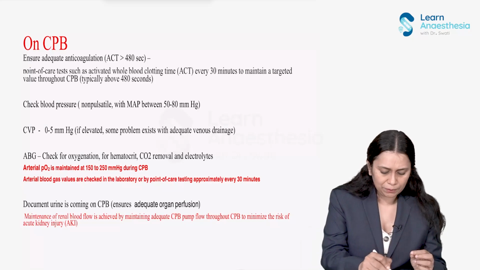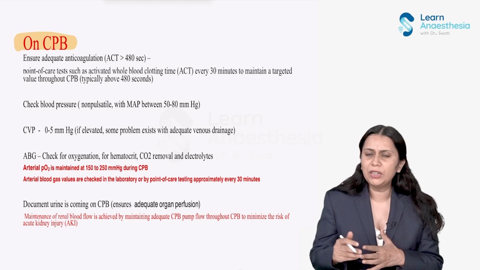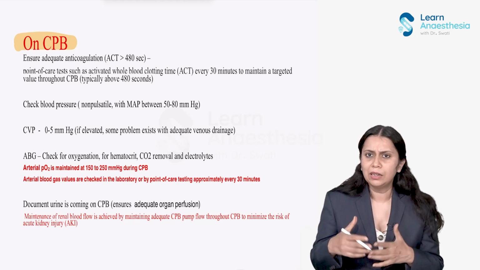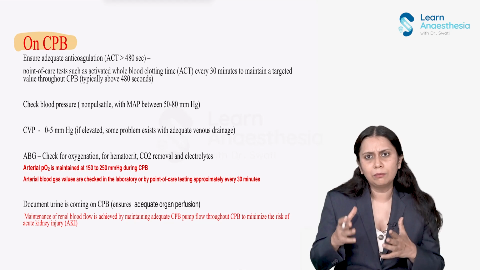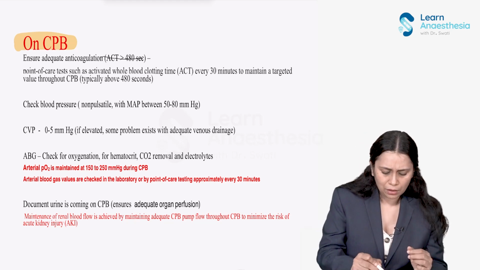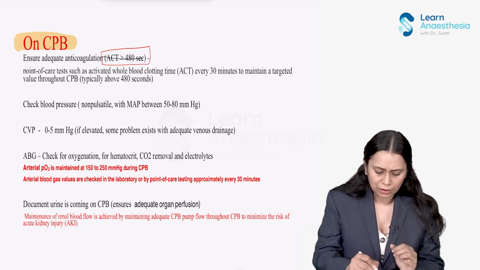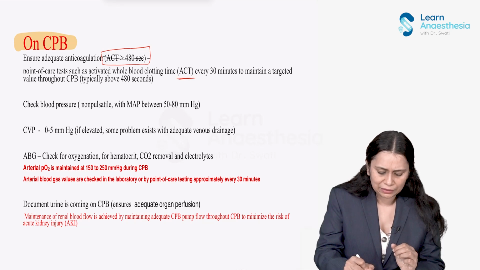Okay, now when the patient is on CPB, again we have to ensure adequate anticoagulation. The target ACT is more than 480 seconds, right? And every 30 minutes the ACT is checked.